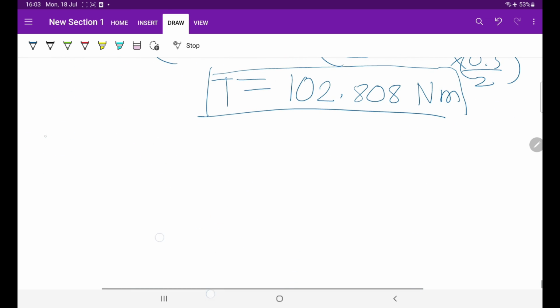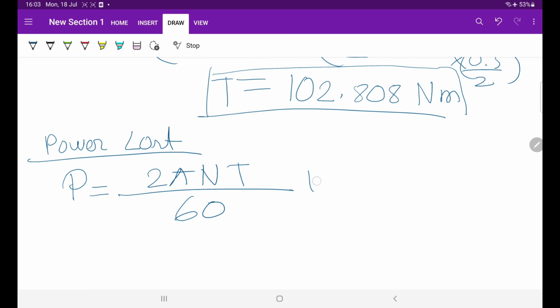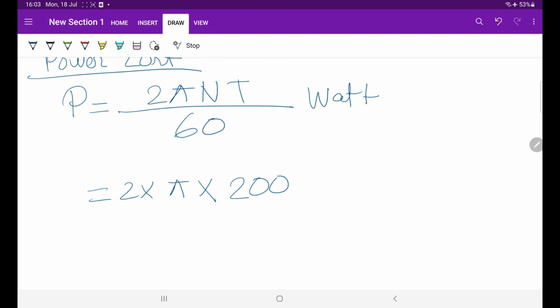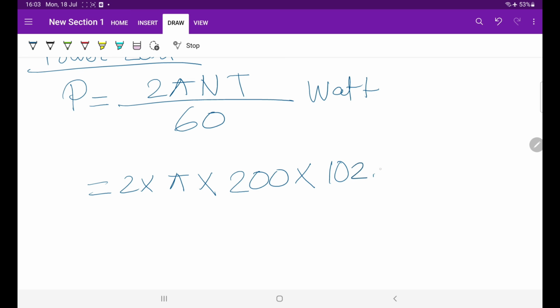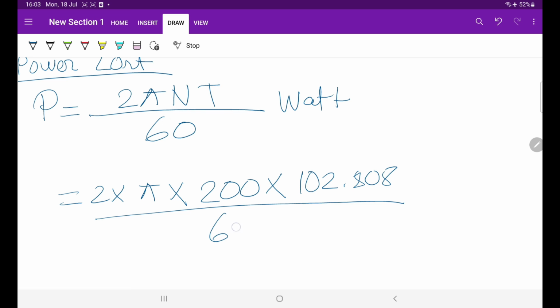Now the next thing, which is the answer, is the power lost. Power lost P is equals to 2 pi nt by 60 watt. Now we know 2, we know pi, N is 200 rpm, T which you have calculated is 102.808 Newton meter, and by 60.